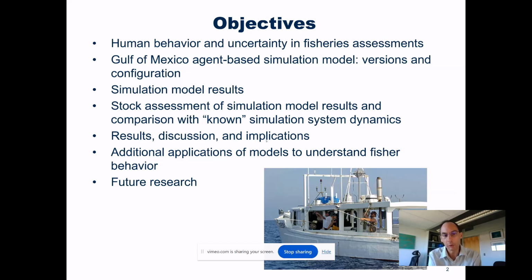The results of the assessment are then compared with the status of the fish populations in the simulation model to see how closely the assessment can match the state of each resource. Then I'll talk a little bit about some additional applications of models to understand fisher behavior and for fisheries management, and where this research is headed, essentially future research.